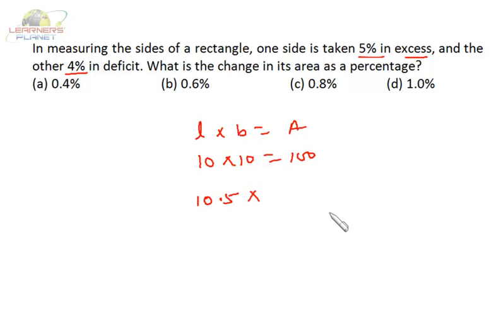And the other is 4% in deficit. That means the new breadth is 9.6. Now we have to calculate this. Okay. It's 100.8. So initially it was 100, now it is 100.8. That means 0.8% of increment in the area. Okay, so it's this. I hope you are clear.